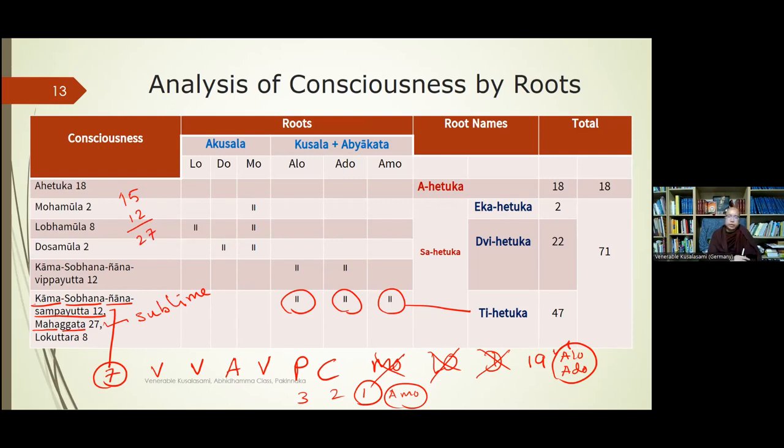This one is also a new name, because you will find a lot of new names here, and these new names will be helpful to you to learn more about the Abhidhamma. So Mahagata Chetas or sublime consciousness 27. In these 27, how many roots? The 7 universal, Vitaka. But Vitaka is together only with the first jhana.